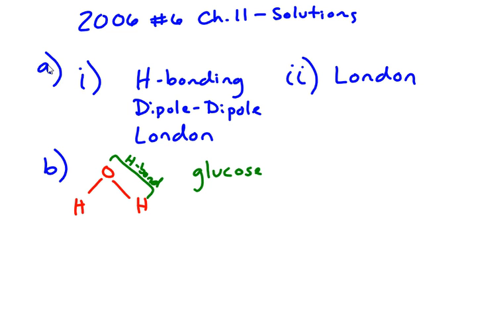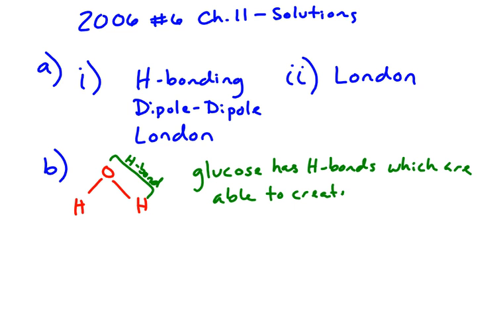Talk about the substance, the solute, and the solvent. So I say glucose has H bonds, which are able to create new H bonds with H2O.